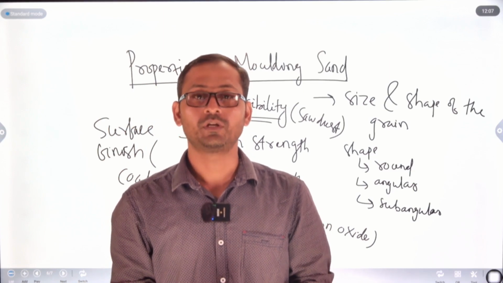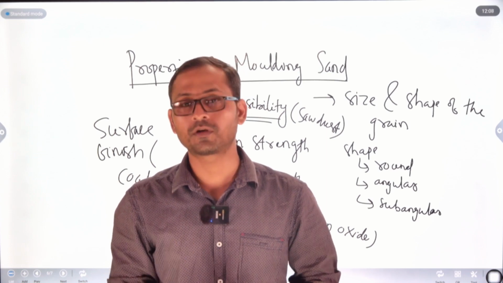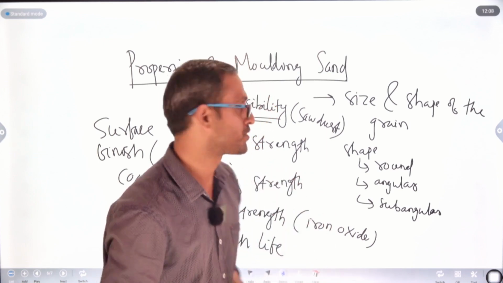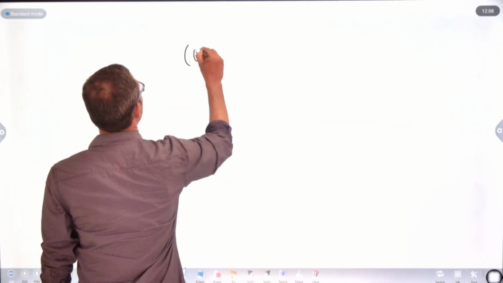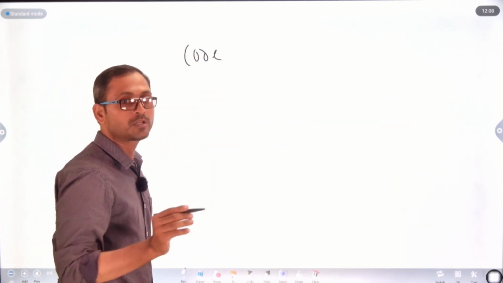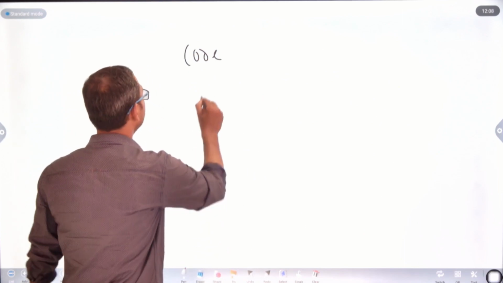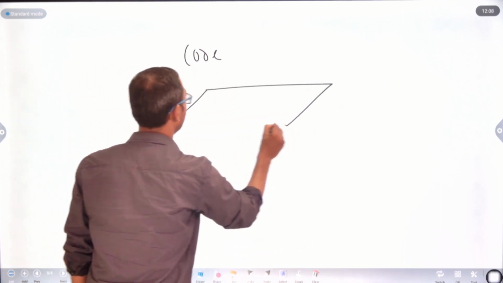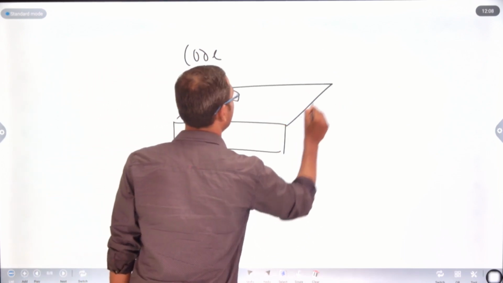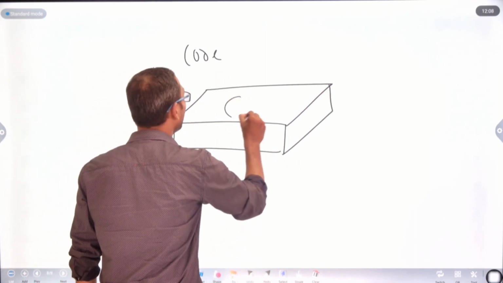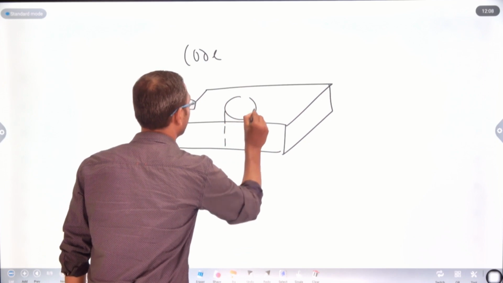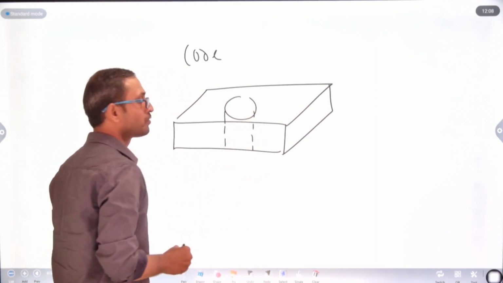After that we need to know about how core is prepared. So what is core first? Suppose the final casting is like this, a rectangular block. In that we need a hole through it.